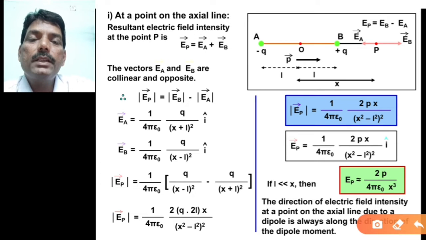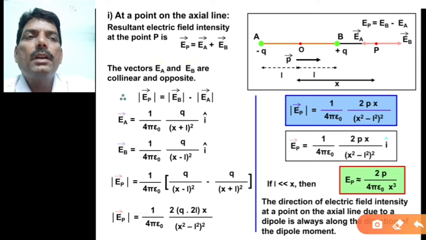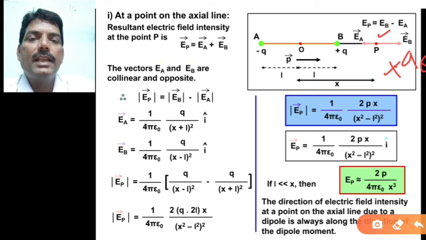To measure it, you have to take a test charge and locate it at different positions near this electric dipole. Here at point P, I will keep a test charge plus Q0 on the axial line.